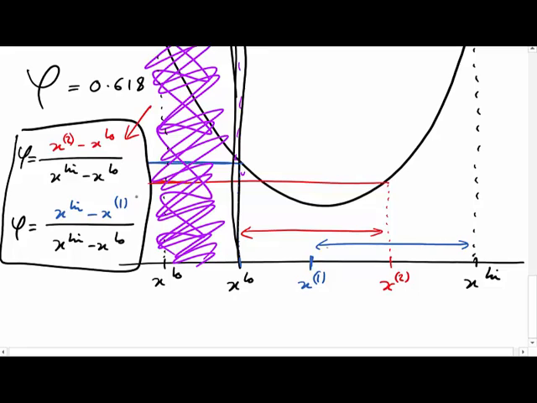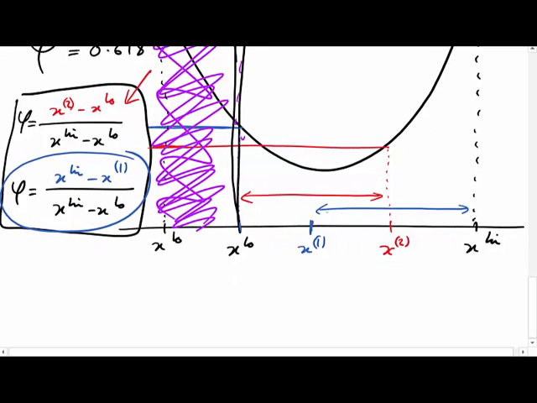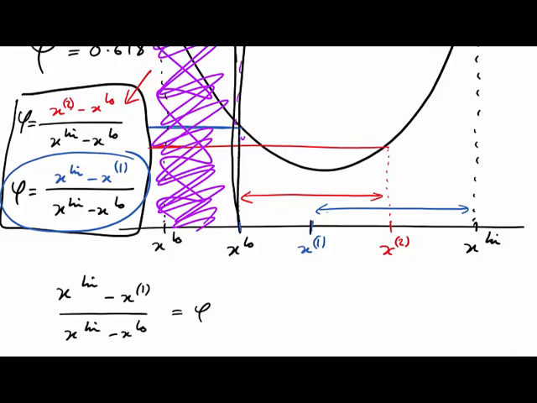We need to use this formula because that's got x1 in. If we rearrange it, I've just written phi on the right hand side instead of the left hand side.